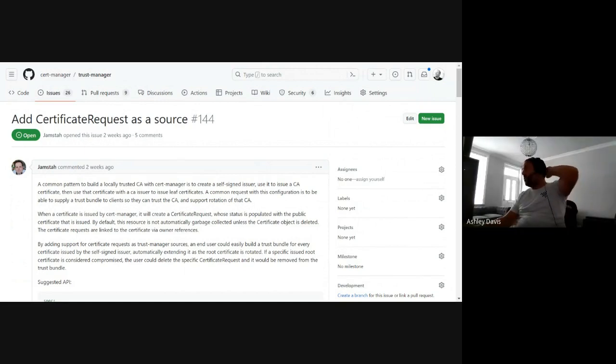I mean, that's a really good suggestion. If we were to have some sort of history of CA certificates that cert-manager would write out, a trust anchor would be a good resource to use. And there's certainly appetite to add that as a supported source for Trust Manager as well. Trust Manager will always be able to do a better job than the trust anchor sets will, because it can move more quickly.